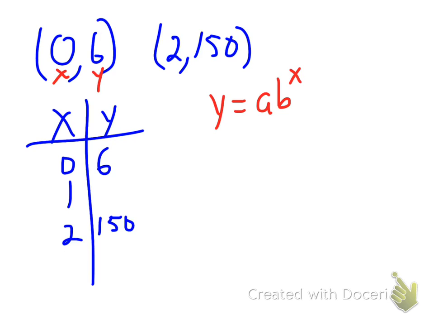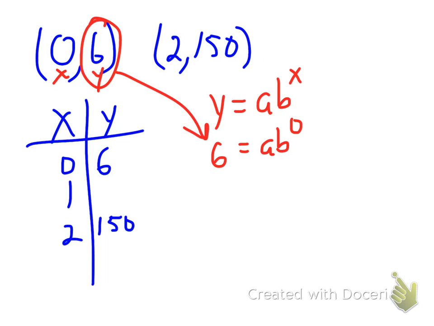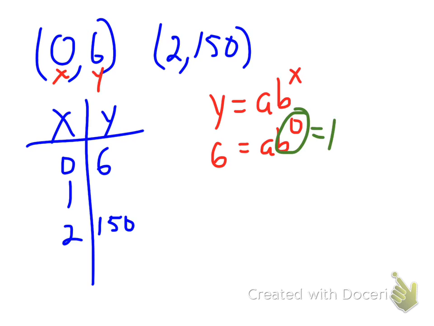So if I put those in, my y value is 6 times a, b, my x value is 0. All I did was I took that 0, put it in there. I took my y value and I put it in there. So with this, b to the 0 equals 1, so a is 6.